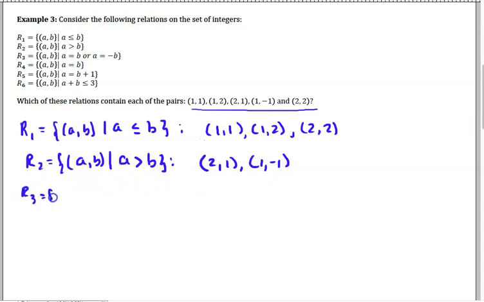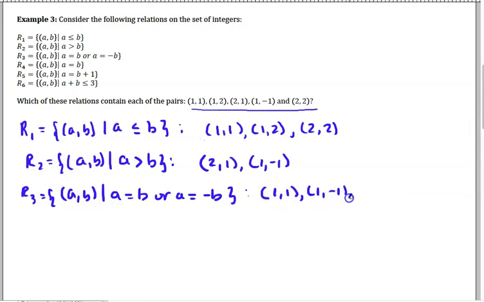Third relation, the set of points where a is equal to b or a is equal to negative b. So basically the elements are either the same or opposites of each other. That would be (1, 1), (1, -1), and (2, 2).